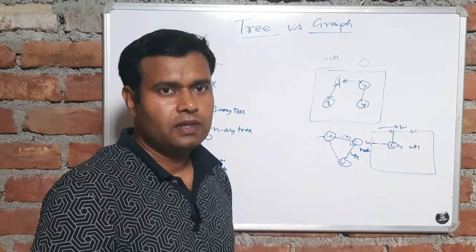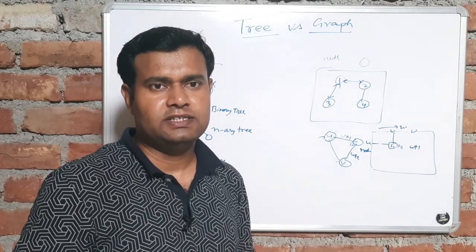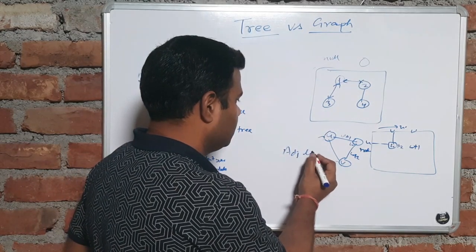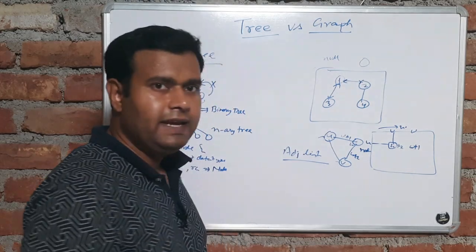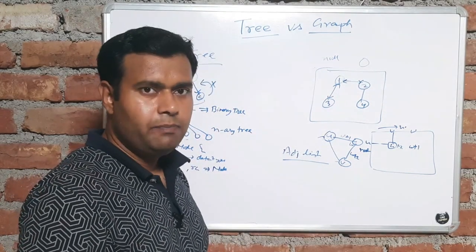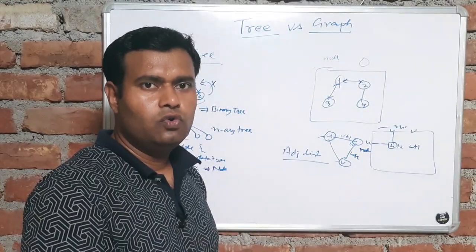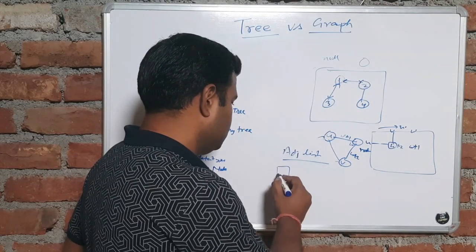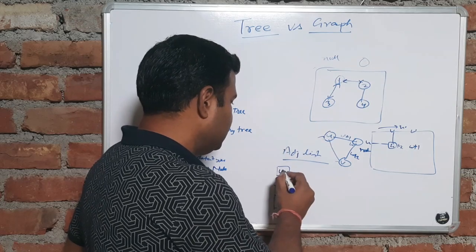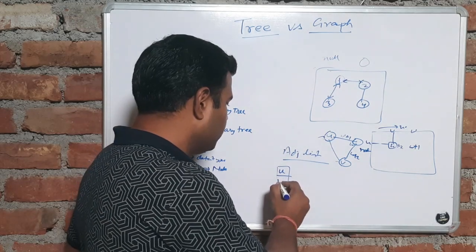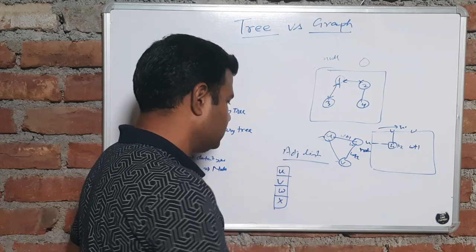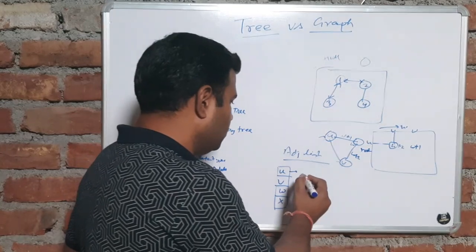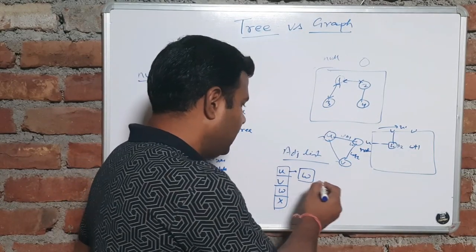This is one way. The other way is called adjacency list. In the adjacency list, what we have is a map of node to a list of nodes. So let's say we have a few nodes U, V, W, X. Now if U node has a connection with, let's say, W, then it will have one edge.